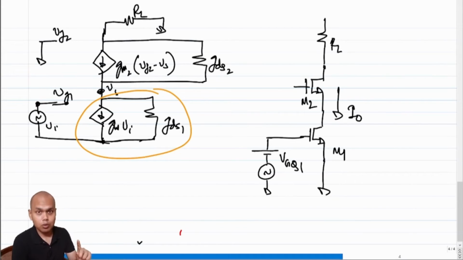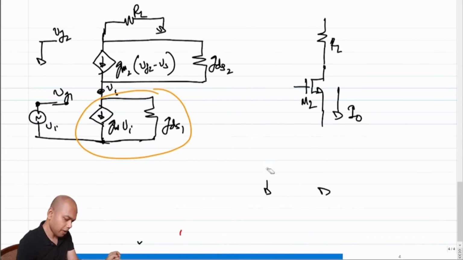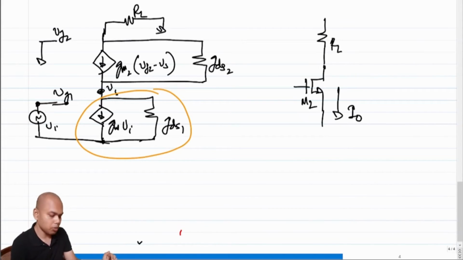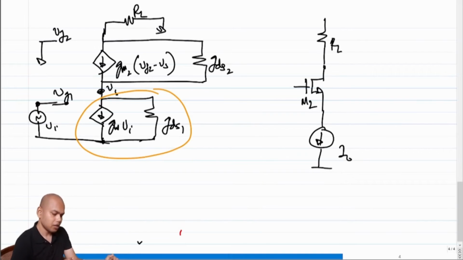I would argue no, because, let me take you back a couple of lectures where we were discussing this. Let's assume that we need to bias this transistor M2 with a constant current source of value I naught. How do you go about biasing this?